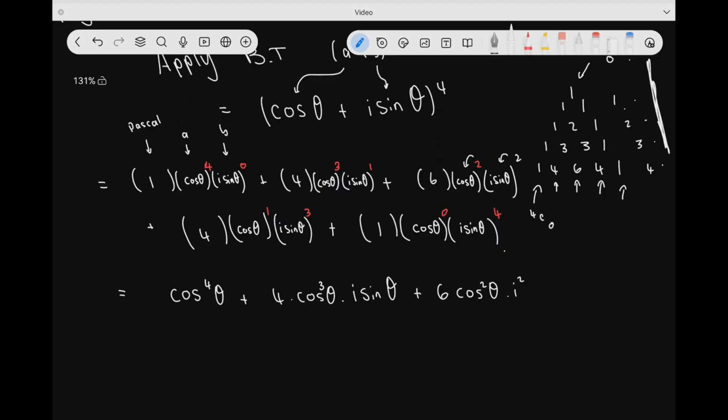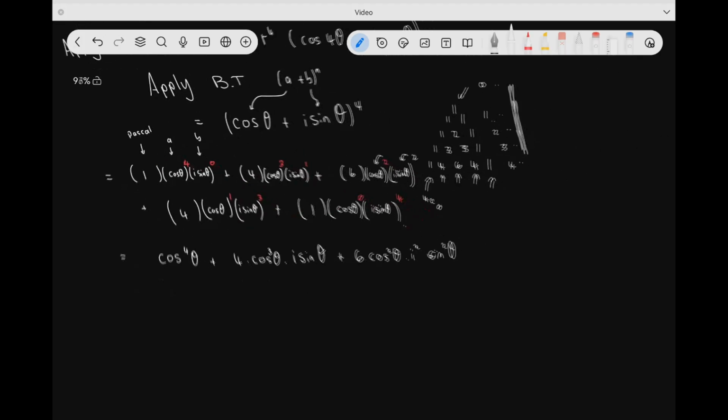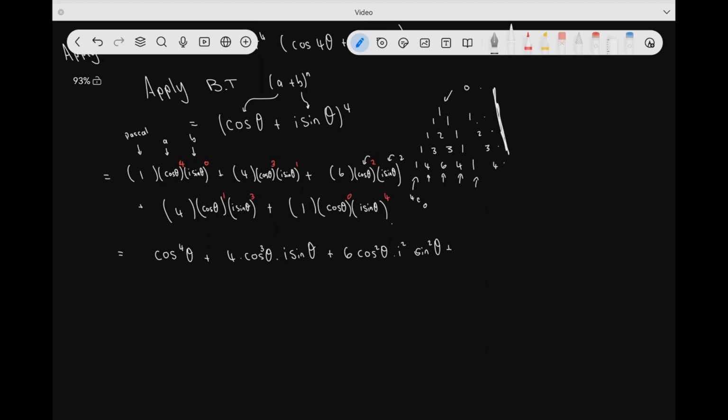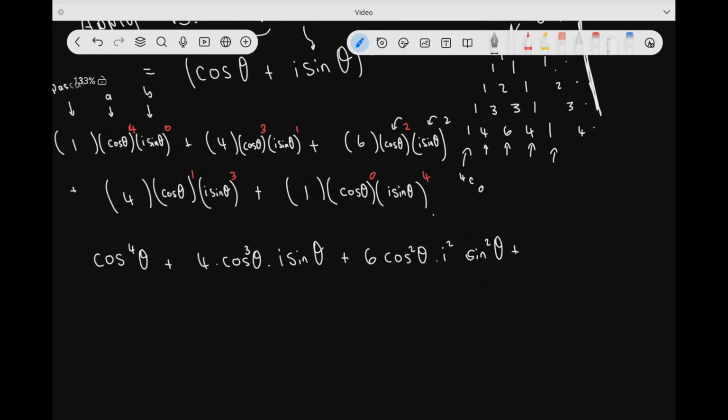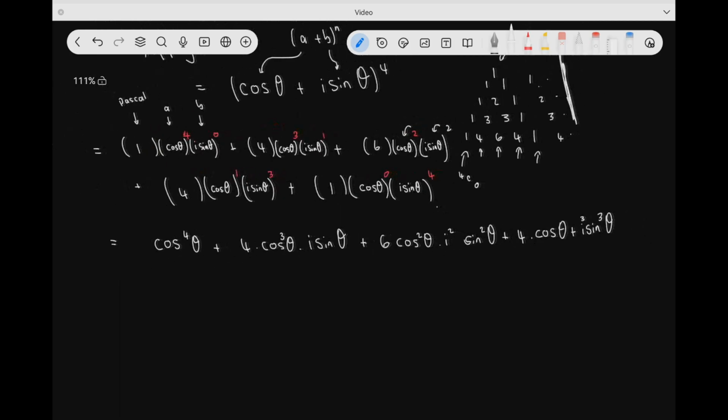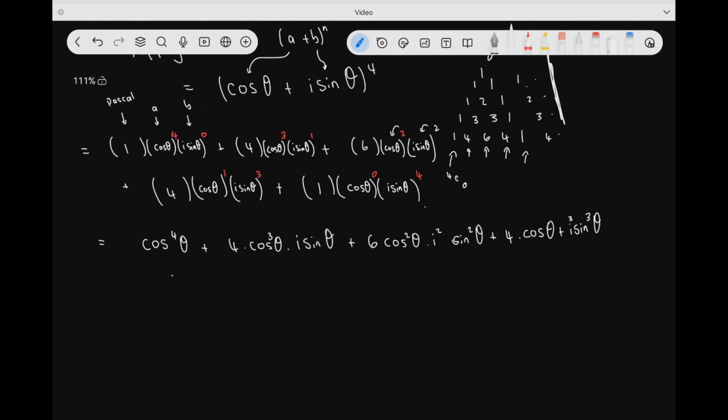Times i squared sine squared theta, plus, in this case, we have 4 times cosine theta times i sine theta, that's raised to the 3, and then i is also raised to the 3, and then finally we have plus i raised to the 4 sine raised to the 4.